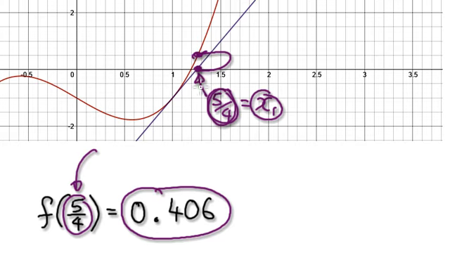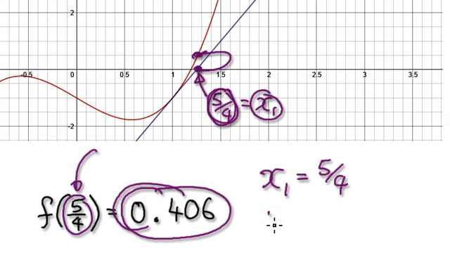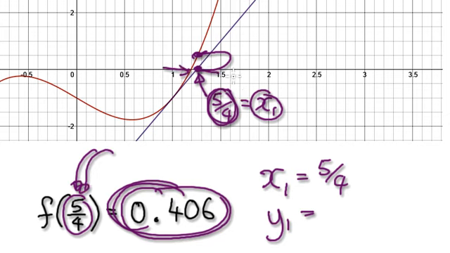So this point here will be x1 equals 5 over 4, and y1 will be this value here. We started here, put it into the original function, and that jumps straight to here.